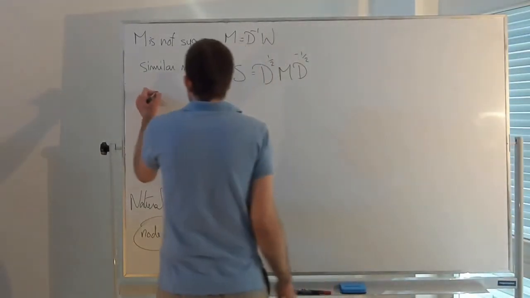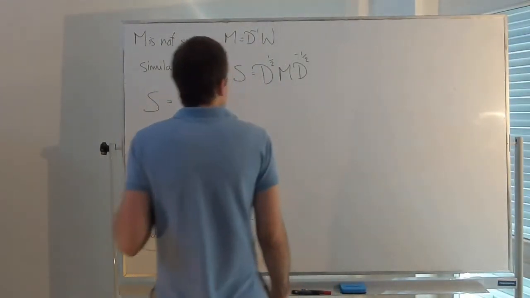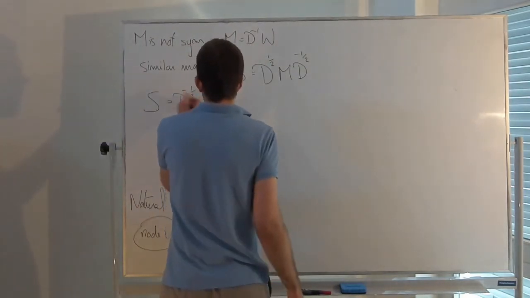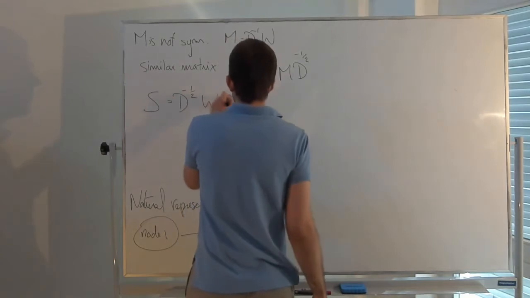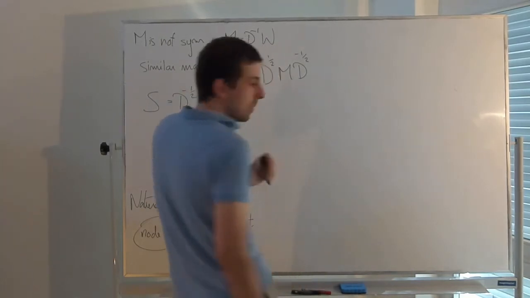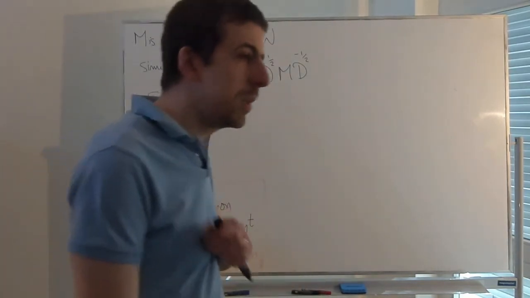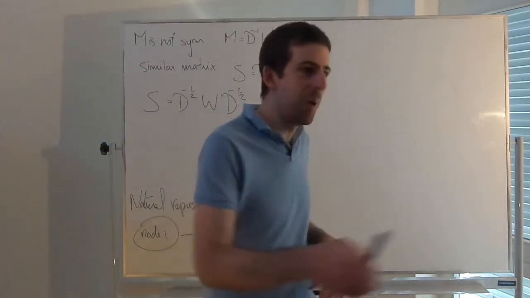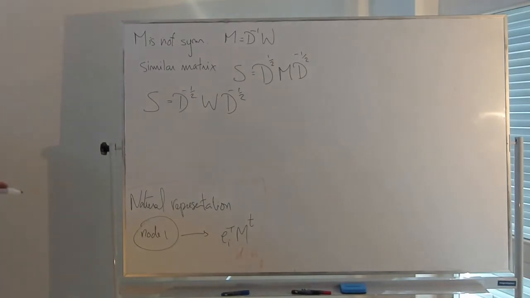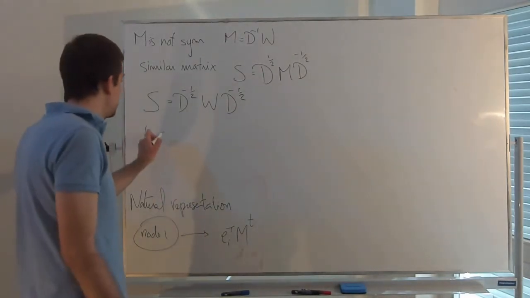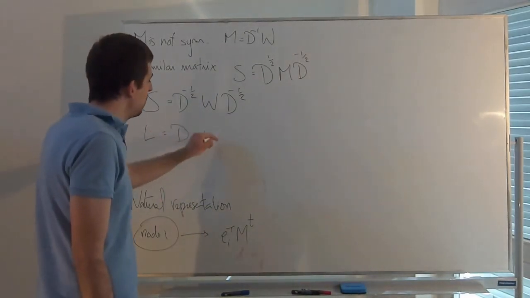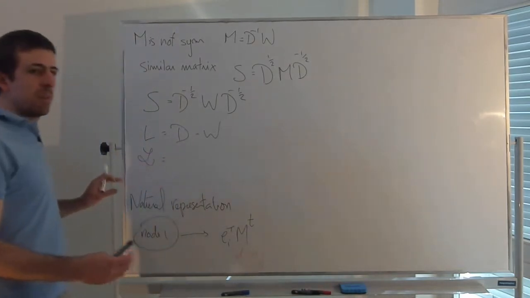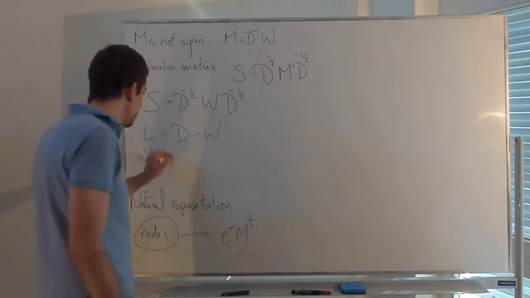Now S, given in terms of W, is just D^(-1/2) W D^(-1/2). The Laplacian is sort of showing up here already, because the Laplacian was D minus W, and the normalized Laplacian was obtained by taking D^(-1/2) on both sides.